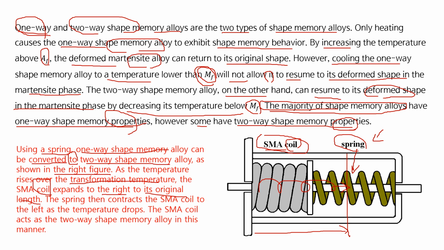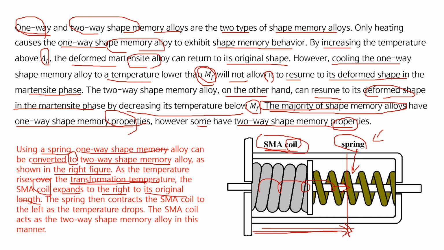So if we increase the temperature above the transformation temperature of this shape memory alloy coil, then this coil expands to the right to its original length.